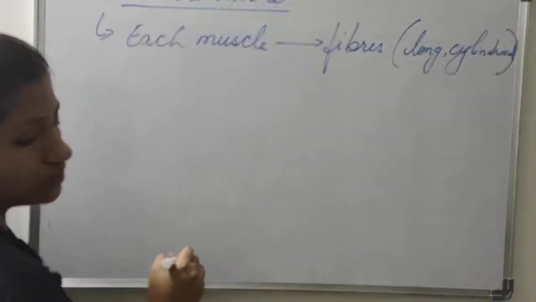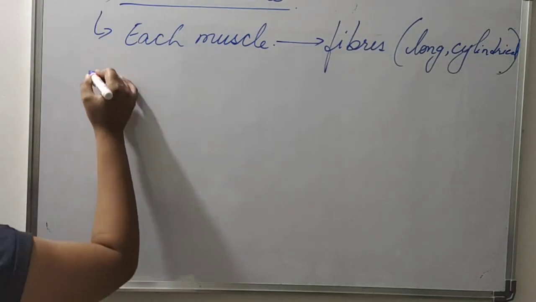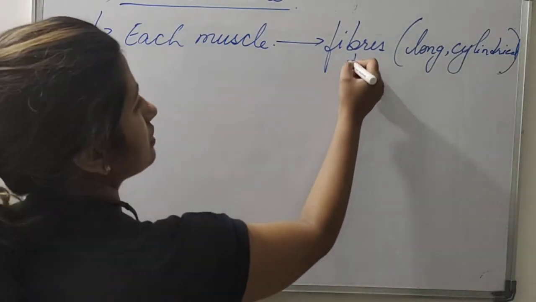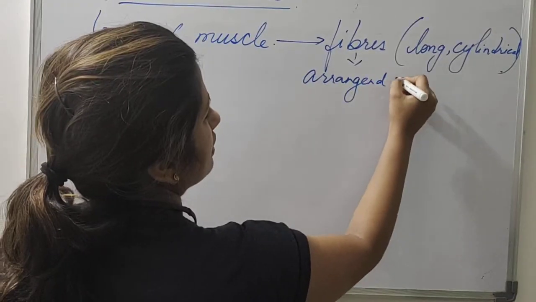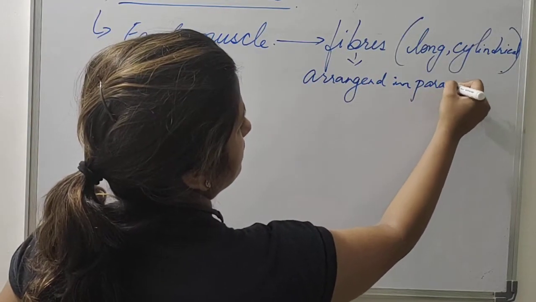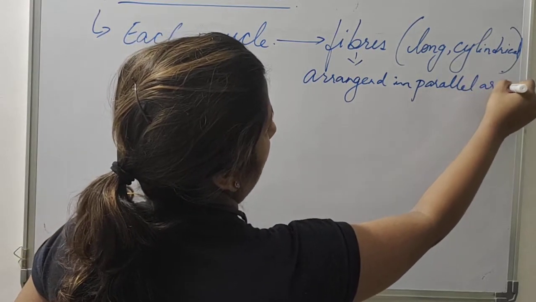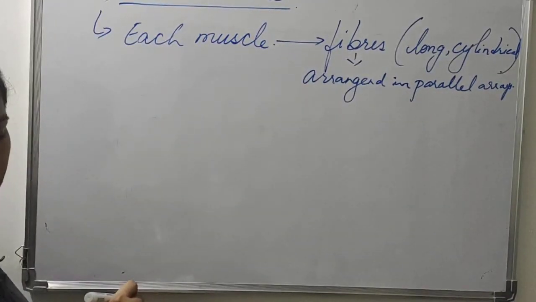Okay, fibers which are long and cylindrical. And these fibers are arranged in parallel arrays. We will see in the diagram.